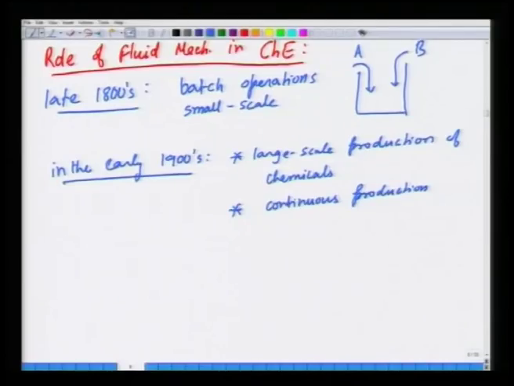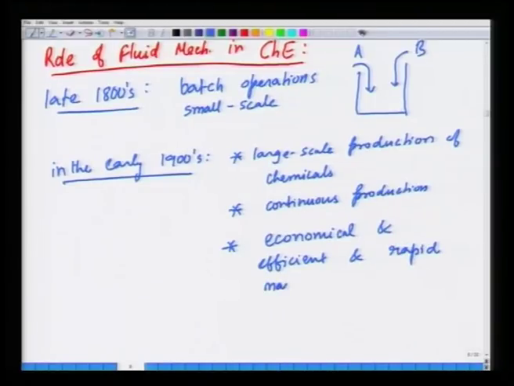Okay. So, and this must be done, the large scale production of chemicals must be done in an economical and efficient and in a relatively rapid manner. Okay.